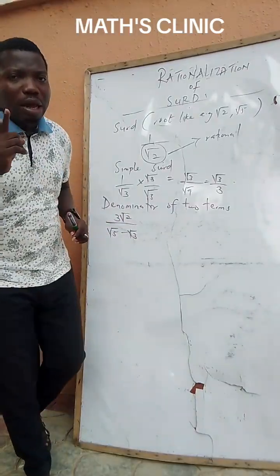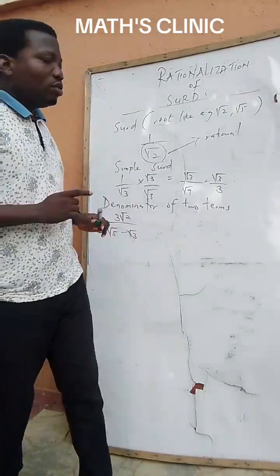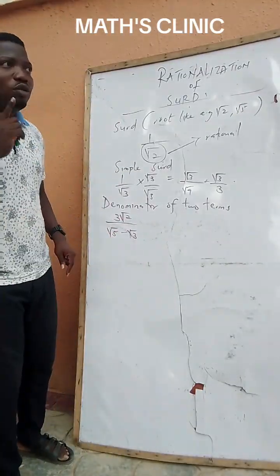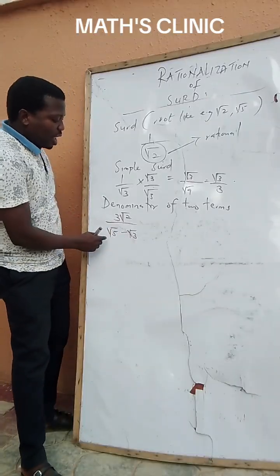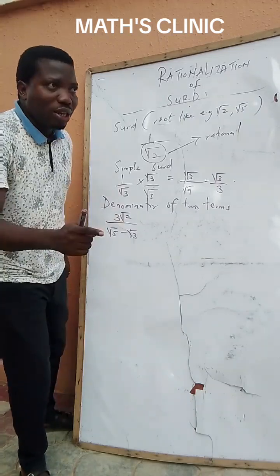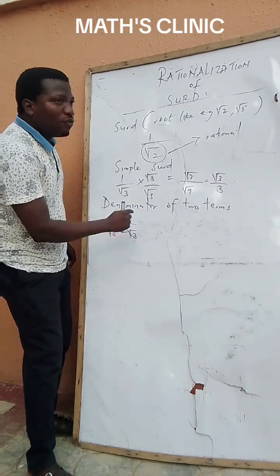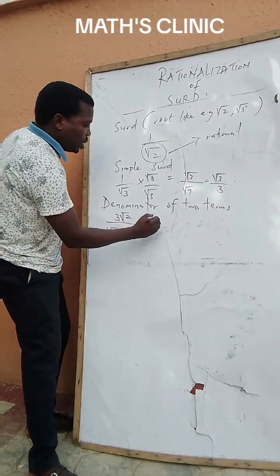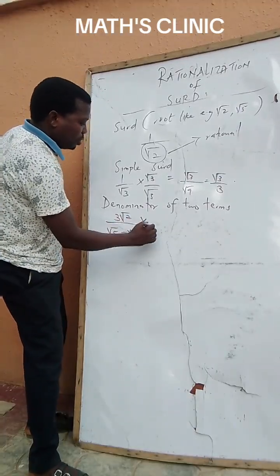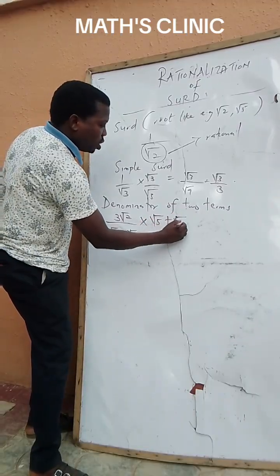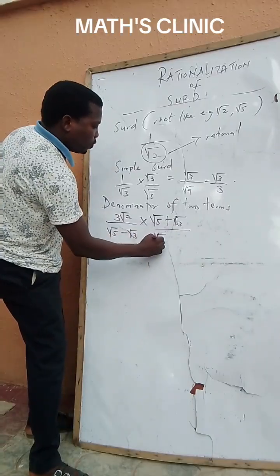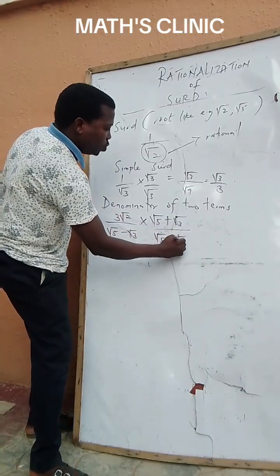But this time around, we are using conjugate surd. In the last class, I said conjugate surd is the opposite of this. As this one is root 5 minus root 3, its conjugate will be root 5 plus root 3, and that will be times root 5 plus root 3 all over root 5 plus root 3.